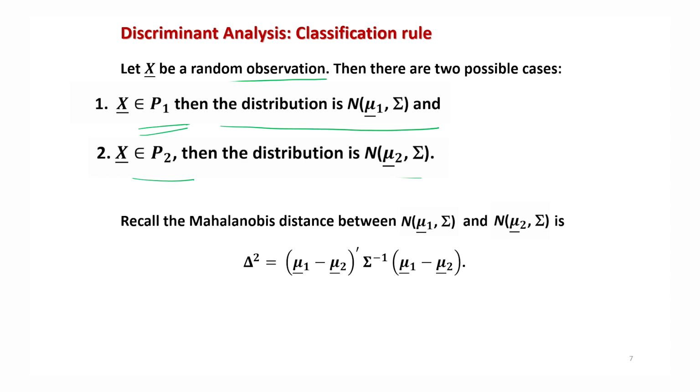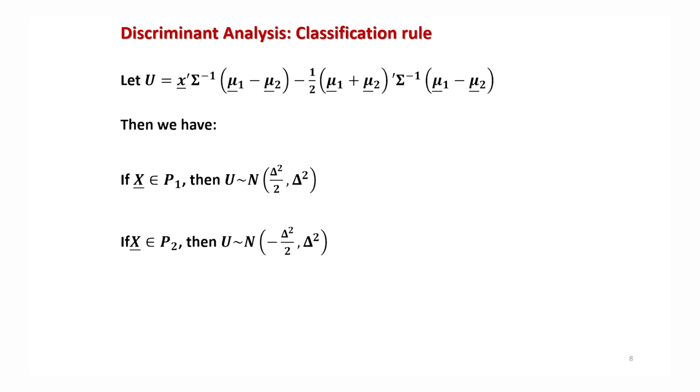You can recall that the Mahalanobis distance between the two populations is given by delta square, which is equal to (mu1 minus mu2) transpose sigma inverse (mu1 minus mu2).